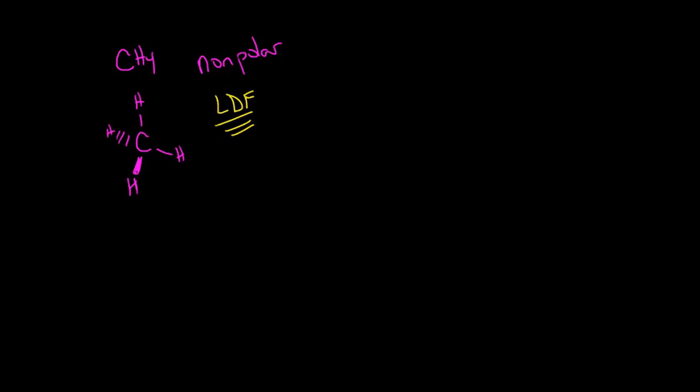Let's compare this to ammonia. Okay, so ammonia is NH3. We have a central nitrogen with the overall electron geometry around this nitrogen being a tetrahedron, except that fourth bond is replaced by a lone pair.